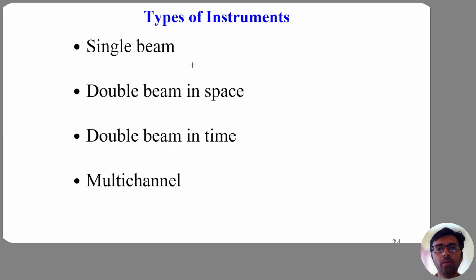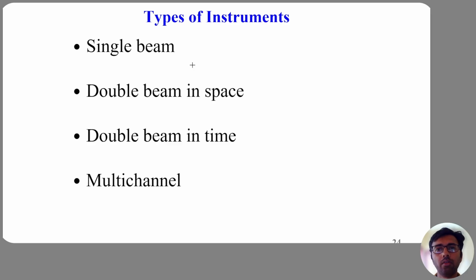There are 4 major designs: single beam spectrometers, double beam in space instruments, double beam in time instruments, and multi-channel systems. Each design represents an engineering compromise between cost, mechanical complexity, stability, and measurement accuracy.